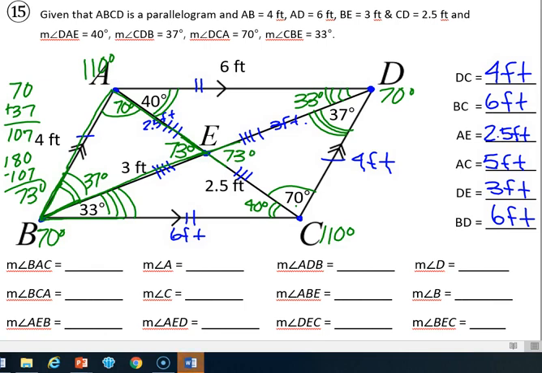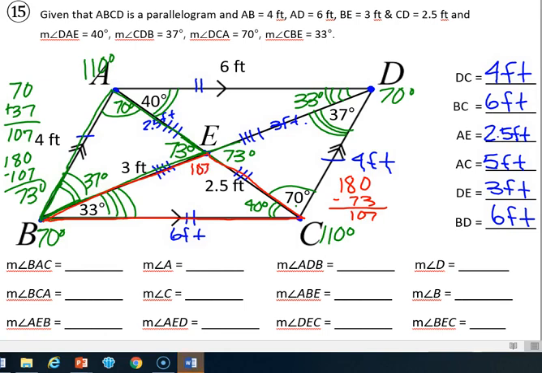Now there's several ways, honestly, that we could solve for the other angle in the center. Notice again that we have another triangle down here. So we can use the triangle sum theorem again. Add 40 plus 33, that's 73. So we would do again 180 minus 73, that's 107.